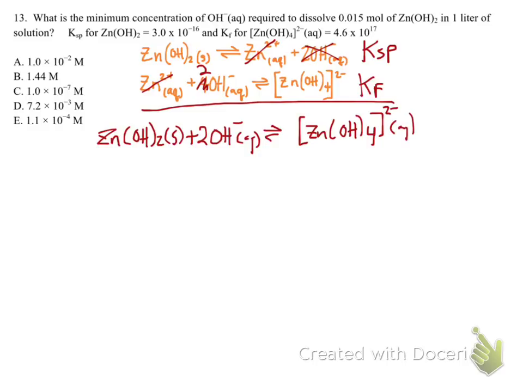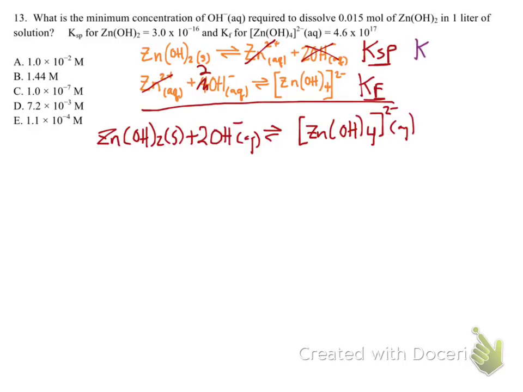So there's our reaction, but now we need a K value for this. So just recall, whenever you couple together a KSP reaction and a KF reaction, or really anytime you couple together any reactions, you can always come up with the overall K by multiplying together the two values.